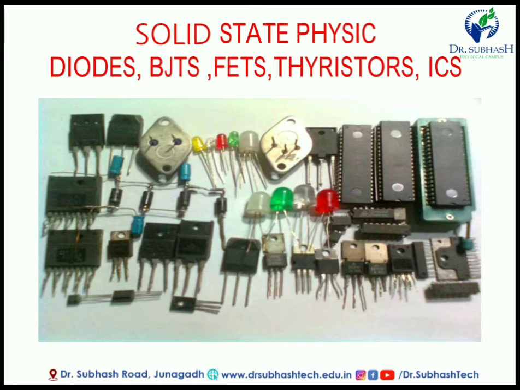If you want to control HVDC or HVAC high voltage power, a power electronic component is more suitable. We will discuss series and parallel connection of the SCR or thyristor.